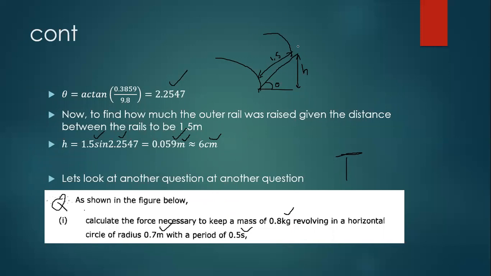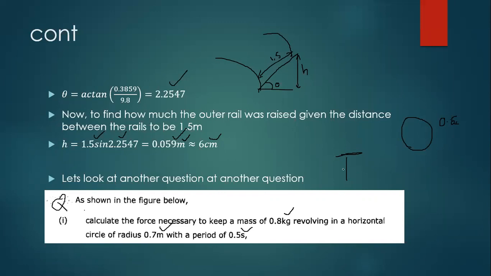Yes, yes. It is the time taken to complete one revolution. So if one revolution is like this, and it takes 0.5 seconds, then the period is indeed 0.5 seconds.